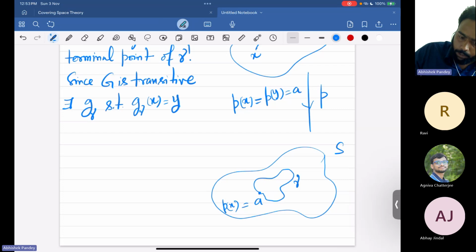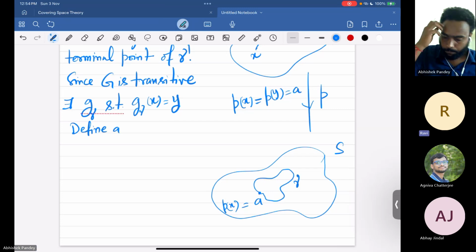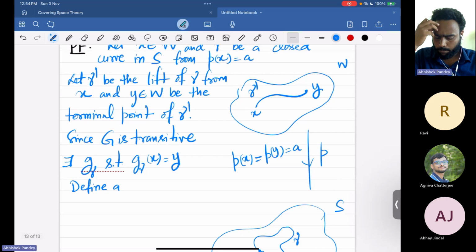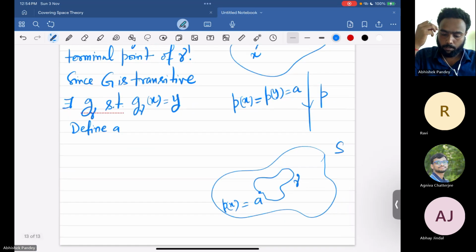So now we have the idea to define the map. How to define the map? Define g gamma of x equal to y. So basically, g gamma belongs to this group G. So this is a function.